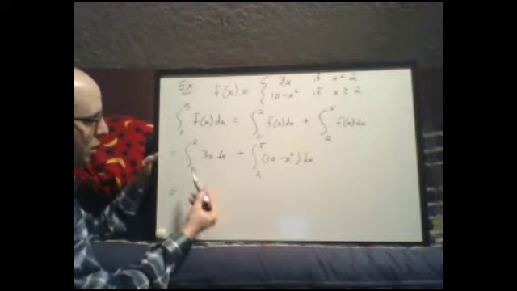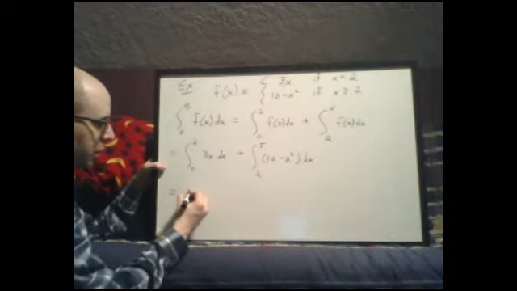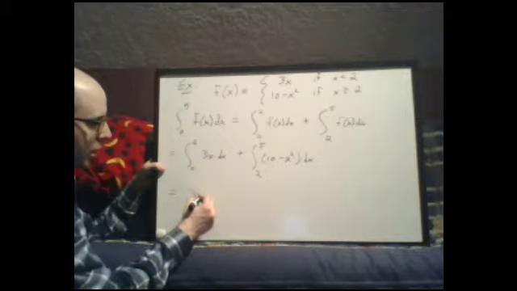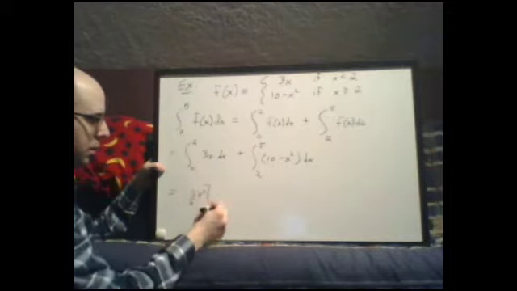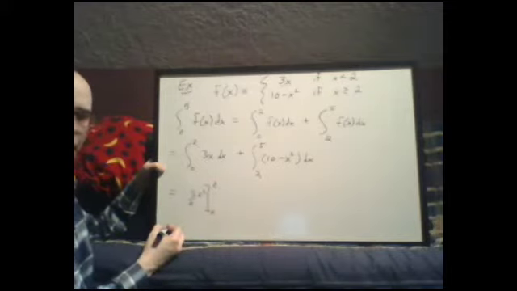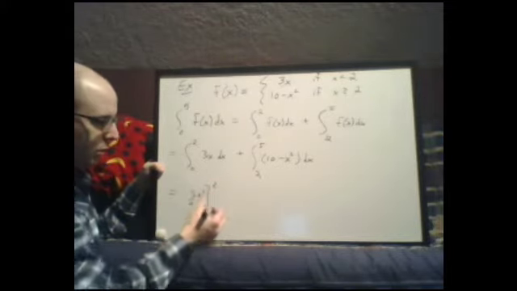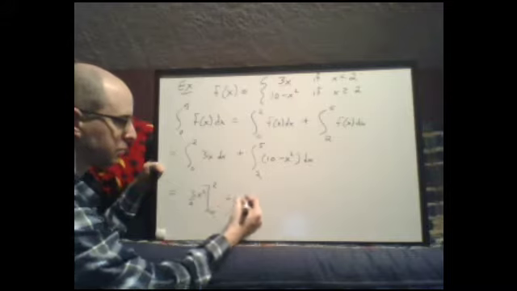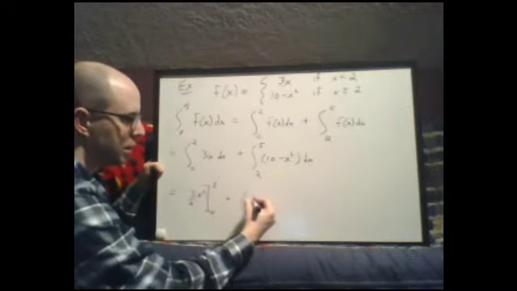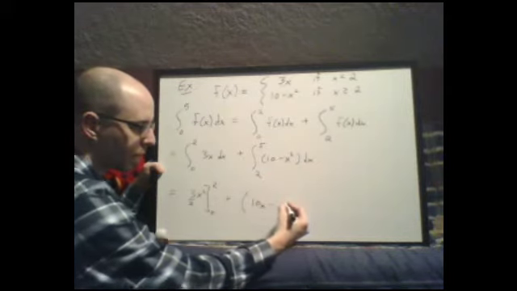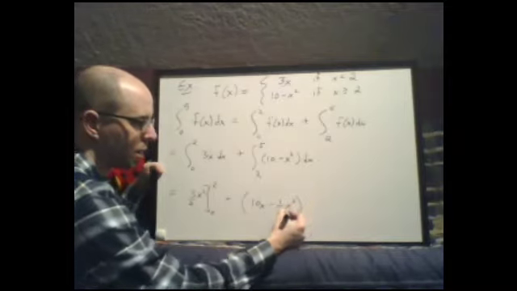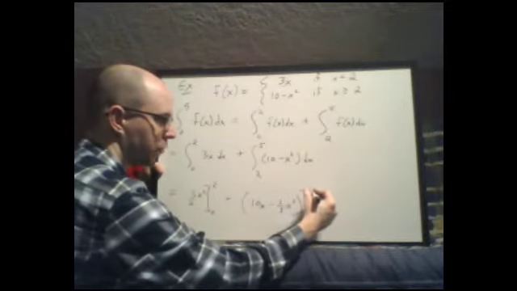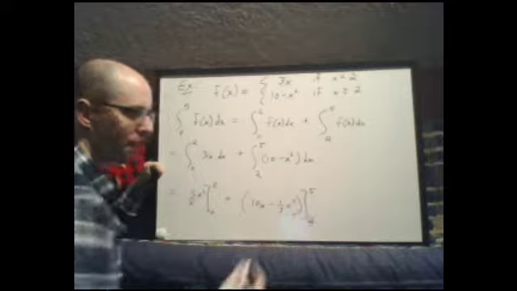Okay, so this one first. 3x would become 3x squared divided by 2, and we evaluate that from 0 to 2. This one, 10 would become 10x, and minus x squared would become negative x cubed times 1/3. And for that one, we plug in 5 and 2.